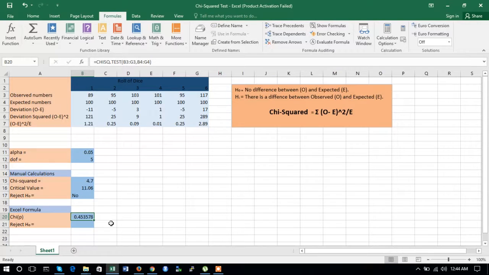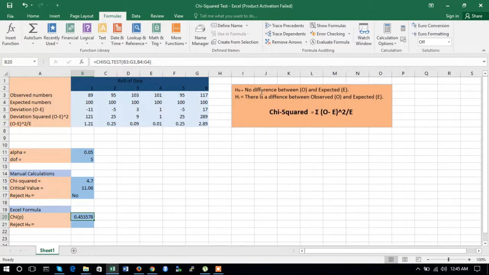So click on OK, and the value is 0.45. Actually this is not the chi-squared value, this is the p value or probability value for the chi-squared. Since this probability value is 0.45, and the alpha value is 0.05. If this probability value had been lesser than the alpha value, then we would have rejected the null hypothesis.